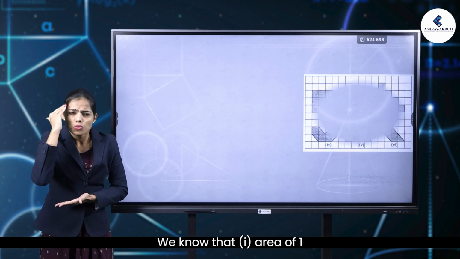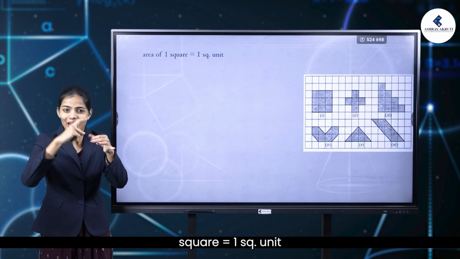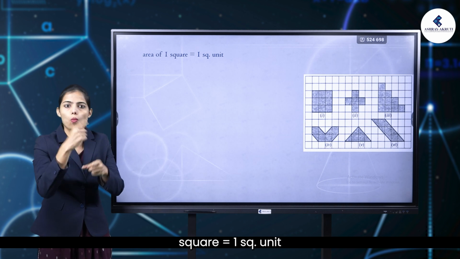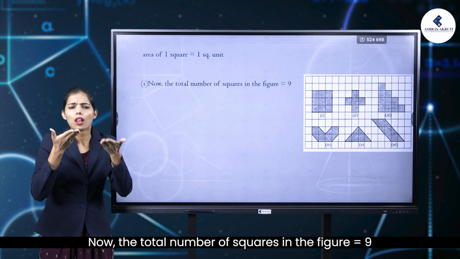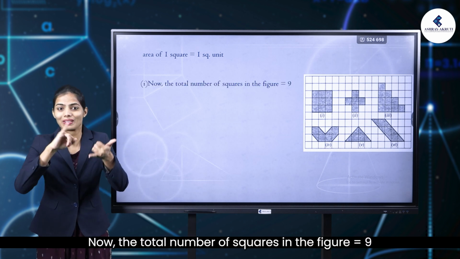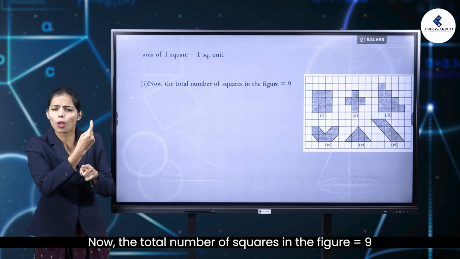We know that area of 1 square is equal to 1 square unit. Now, the total number of squares in the figure is equal to 9.